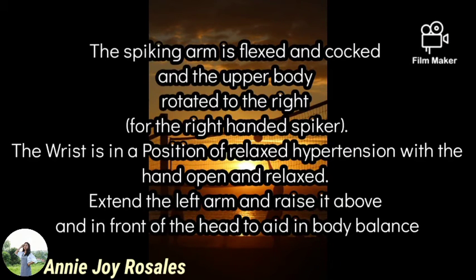The spiking arm is flexed and cocked and the upper body rotated to the right, for the right-handed spiker. The wrist is in a position of relaxed hyperextension with the hand open and relaxed. Extend the left arm and raise it above in front of the head to aid in body balance.